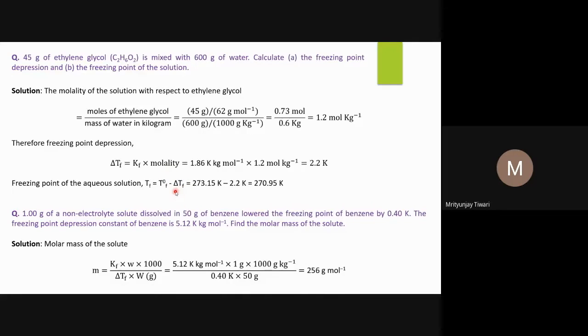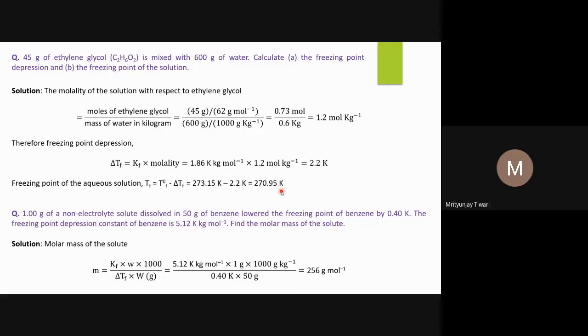Even if you don't remember this formula, you can just go by intuition, common sense. So this is the freezing point, and this is the depression in the freezing point. The freezing point has changed and it is decreased. So 273.15 Kelvin minus 2.2 Kelvin is 270.95 Kelvin.